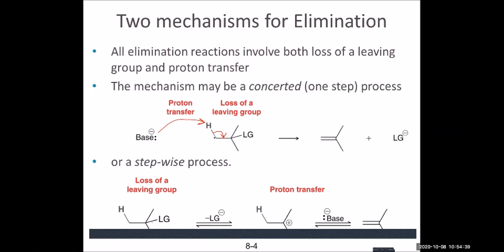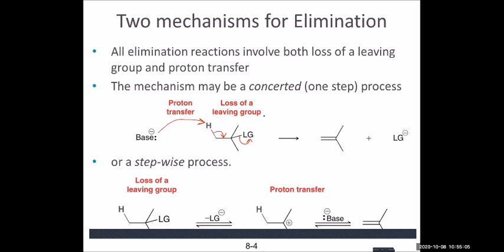To maintain the octet, the bond to the leaving group needs to break, eventually forming the alkene and the leaving group. So that's a one-step process: proton transfer and bond breaking form the double bond, while the leaving group is lost at the same time.